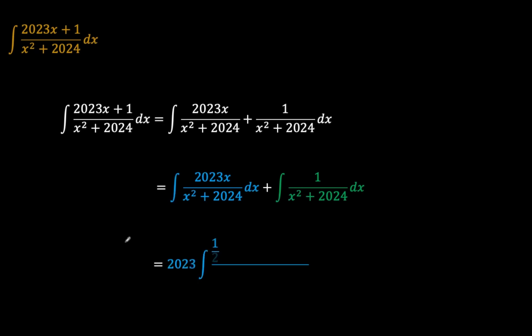I would personally be inclined to bring out the constant 2023, and then x can be expressed as half the derivative of x squared plus 2024, which is the denominator. As we know, with integration, if you have a fraction where the numerator is the derivative of the denominator, then the integral of that function would be the natural logarithm of the function in the denominator.